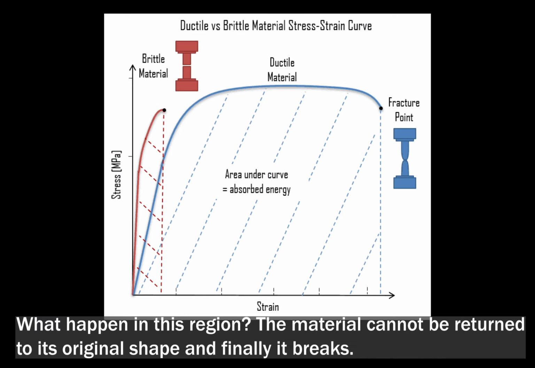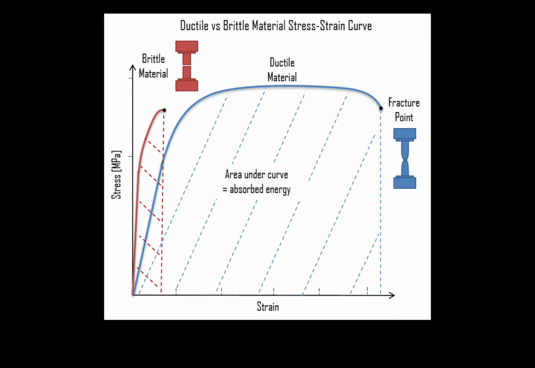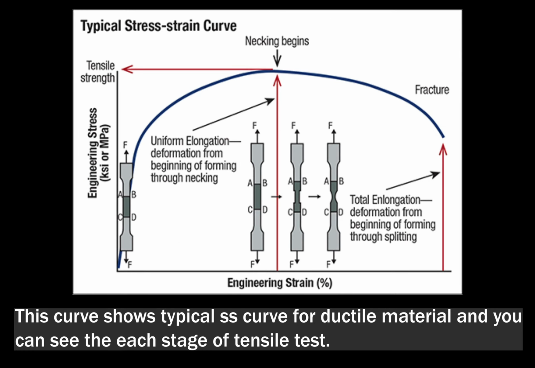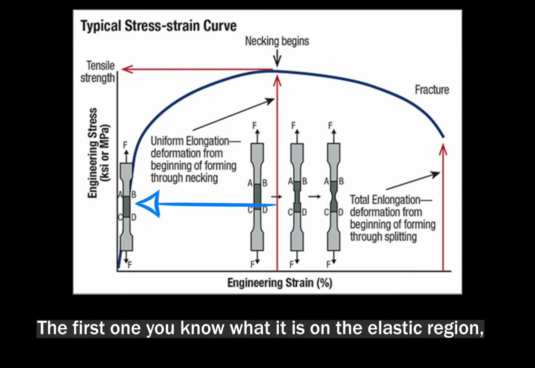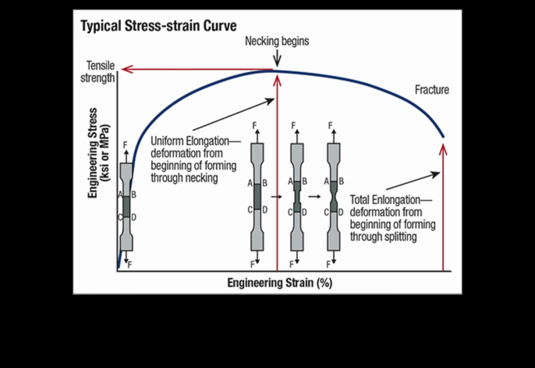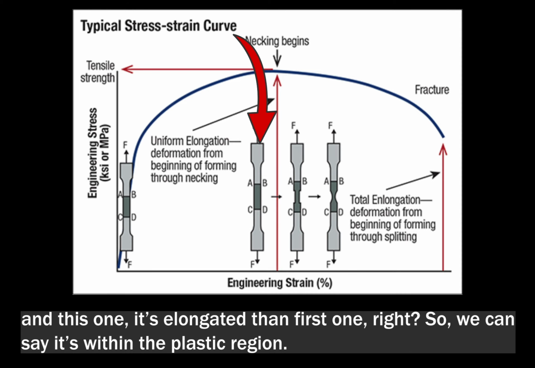The material cannot return to its original shape, and finally it breaks. This curve shows a typical SS curve for a ductile material, and you can see each stage of the tensile test. Well, the first one is in the elastic region, and this one is more elongated than the first one, right? So we can say it is within the plastic region.